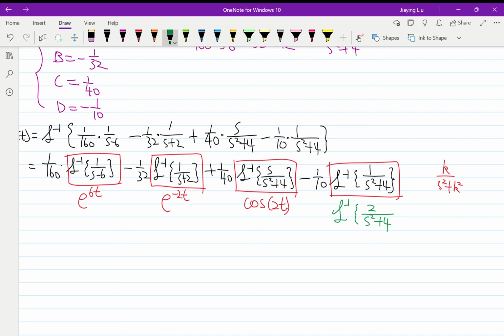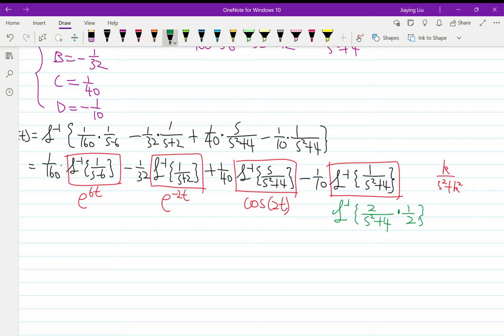But since I'm changing the numerator to be 2, I have to undo the change, so multiply by half, to undo that extra 2 I added. But this half I can just bring outside because it doesn't get involved when I do the inverse Laplace transform.